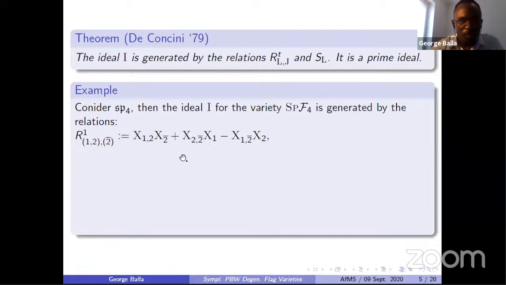So the first exchange will be, we will exchange 1 with 2 bar. So we'll have 2 bar 2, and then in this position we shall have 1. Then the next one will be 1, 2 bar and 2, because we're extending subsequences of length 1 with subsequences of length 1 from the sequence 1, 2.